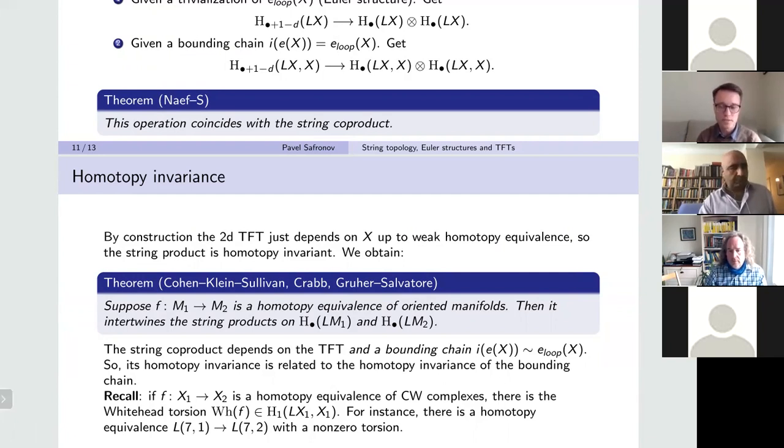So for instance, once you know that the pair of pants product in the TFT is the string product, you get this theorem, due to many people, that the string product is homotopy-invariant. If you have a homotopy equivalence of closed oriented manifolds, then it intertwines string products.